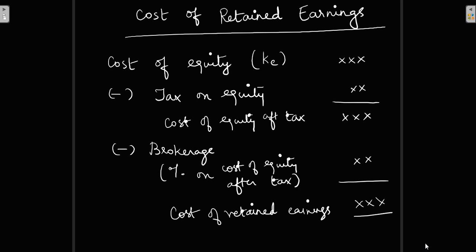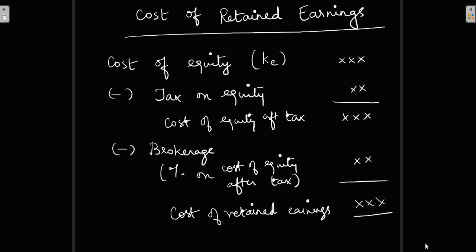Their cost is basically opportunity cost, because had the company decided to distribute the profits to its shareholders, the shareholders would have reinvested it into the company by buying extra shares.